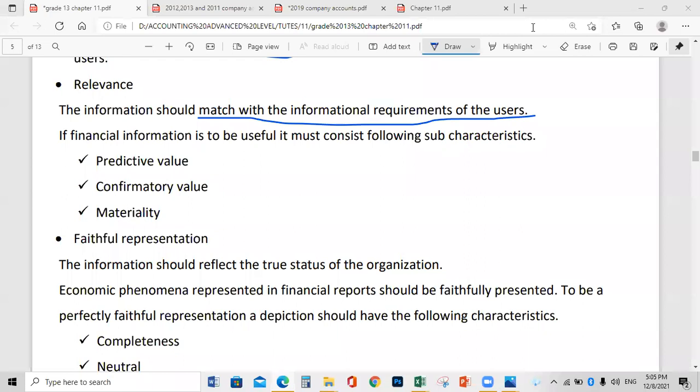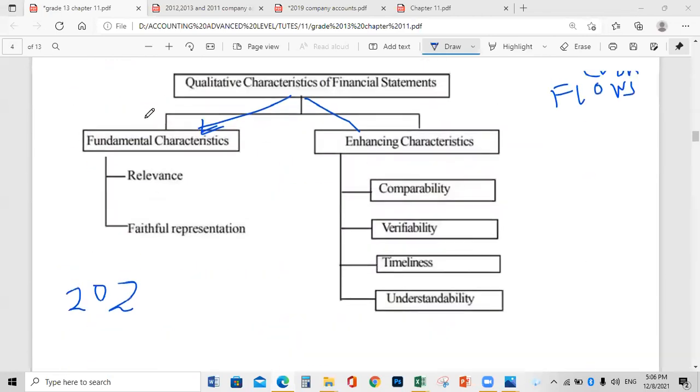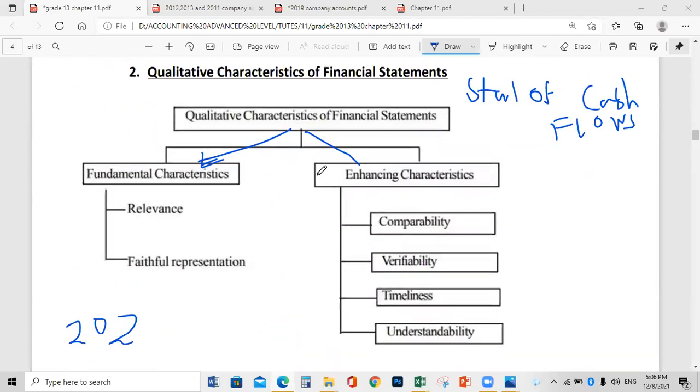Clear? If the financial information is to be useful, it must consist of the following sub-characteristics. So what did I tell? Now under fundamental, understand this one. Under qualitative characteristics, you have fundamental qualitative characteristics.